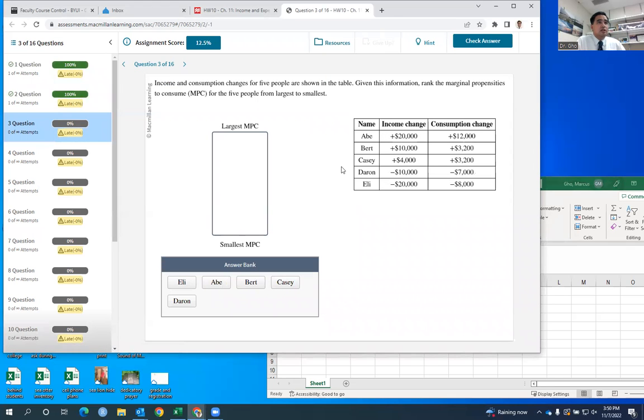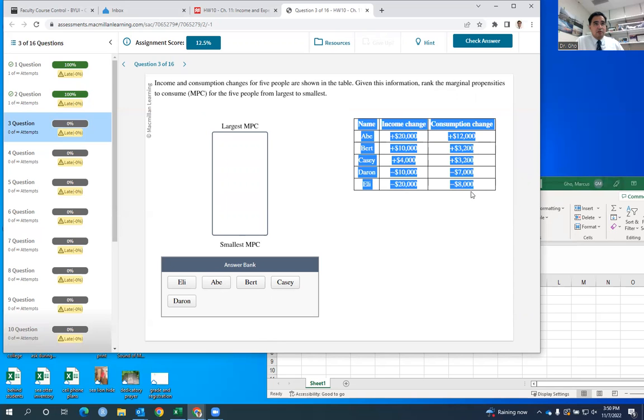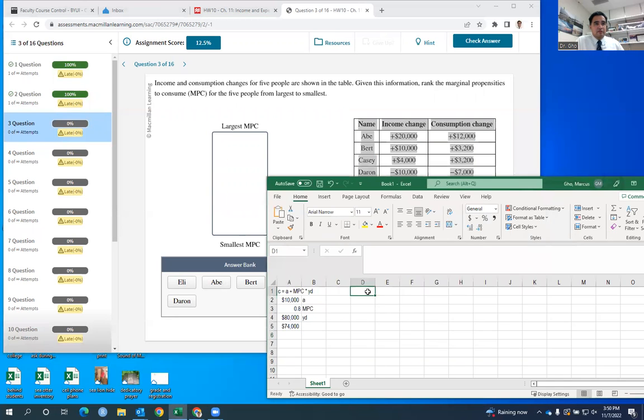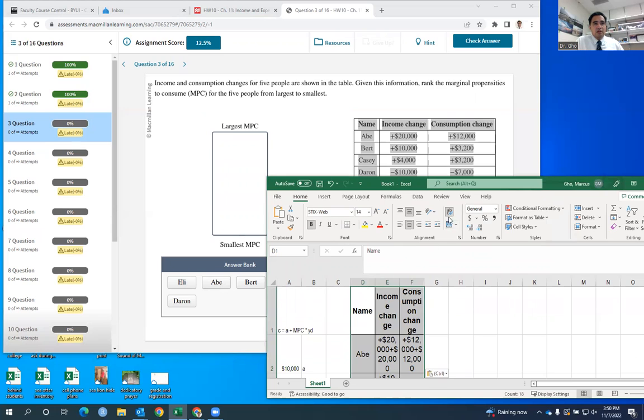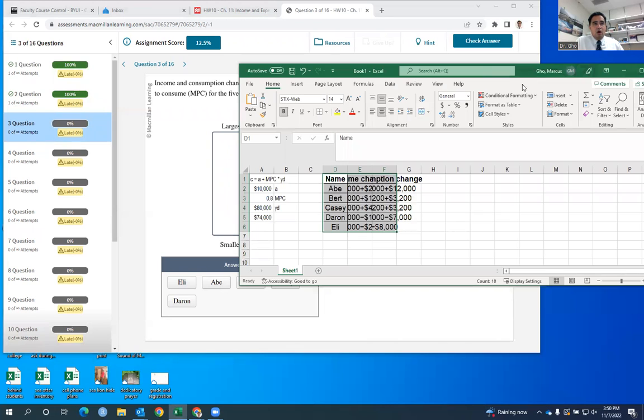This next question: rank the marginal propensities to consume among the 5 people from the largest to the smallest. Well, I'm just going to pop these into Excel. I don't have to remember anything. You could do these on paper or however you like to record information. And I need to do some data massaging.